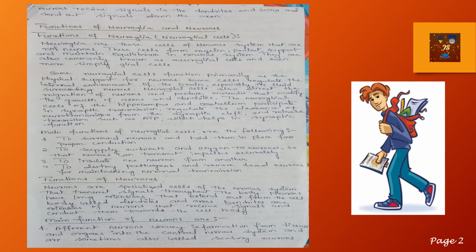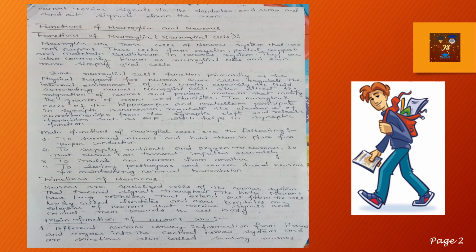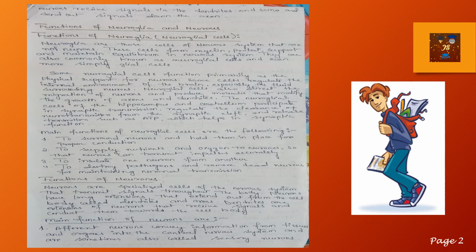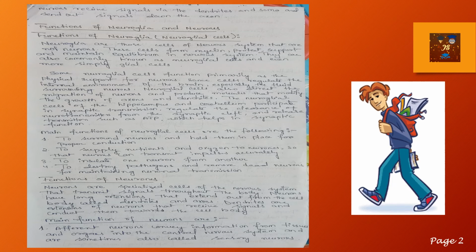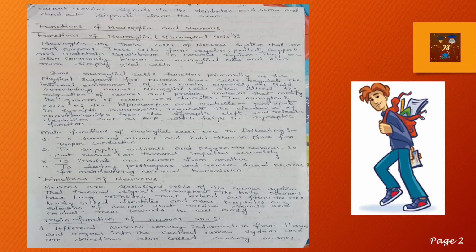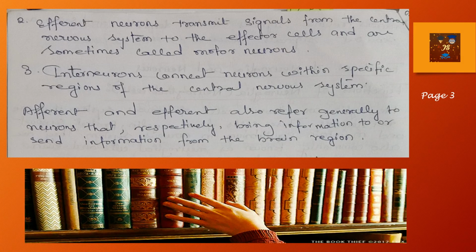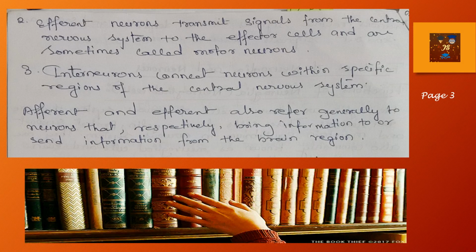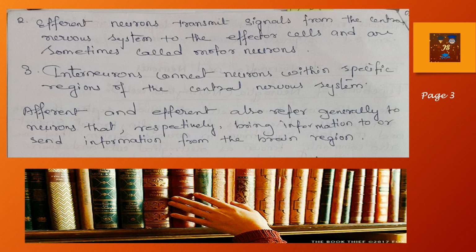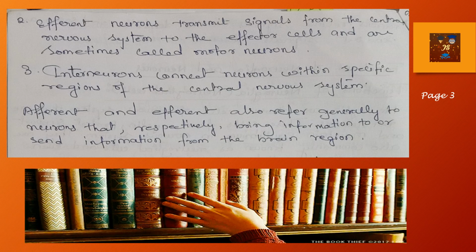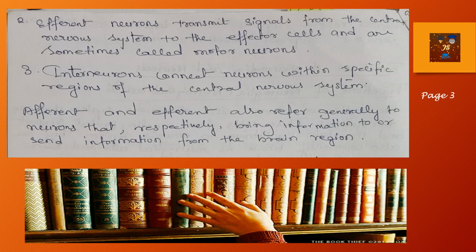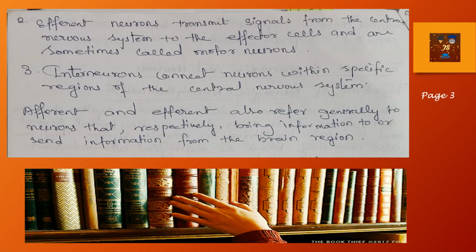Afferent neurons convey information from tissues and organs into the central nervous system and are sometimes also called sensory neurons. Next, efferent neurons transmit signals from the central nervous system to the effector cells and are sometimes called motor neurons.